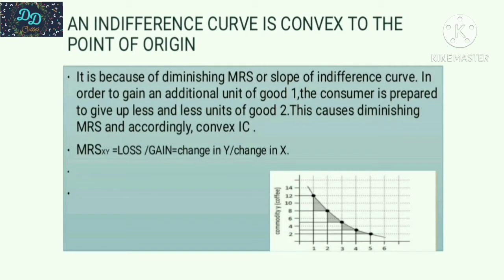This causes diminishing MRS, and accordingly the indifference curve is convex. Moving from point A to point B, the consumer sacrifices 4 units, and moving from point B to point C, he is willing to sacrifice 3 units. In other words, the MRS diminishes because of the monotonic preference.